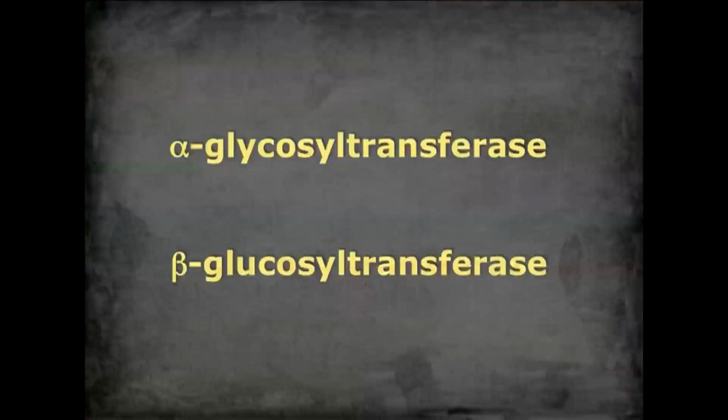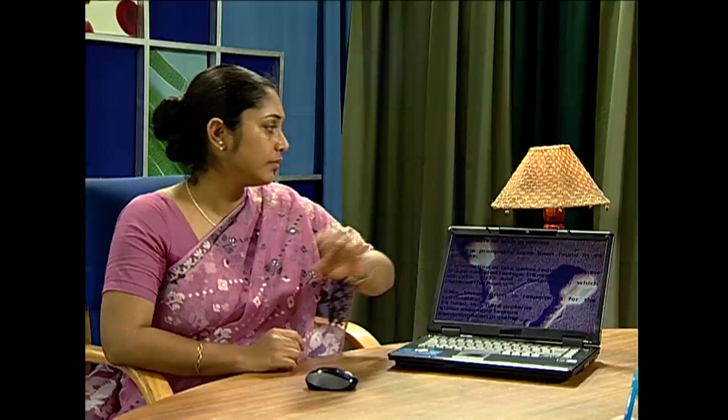Two viral enzymes, alpha glucosyl transferase and beta glucosyl transferase, transfer a glucose moiety or carbohydrate moiety to the hydroxymethyl group, making it glucosylated. And this glucosylated HMC now protects the T4 DNA from cleavage by bacterial endonuclease.